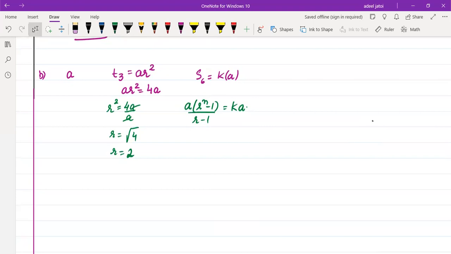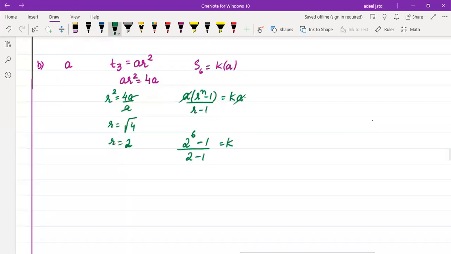So what we can do is this a and this a are cancelled. So this is (2 to the power n minus 1) upon (2 minus 1) is equal to k. If you remember that the sum was of 6 terms, so this n should also be 6, because for the sum you take the direct n, you do not subtract.